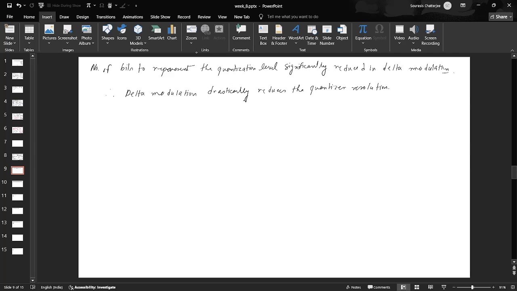And practically, we can actually have a single bit quantizer. So delta modulation enables use of a single bit quantizer. That means it's either a 0 or 1 kind of decision. So let us just see how it performs that.